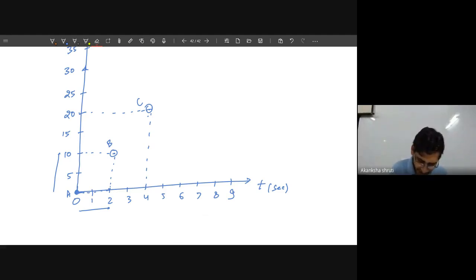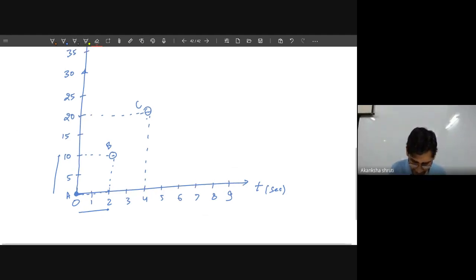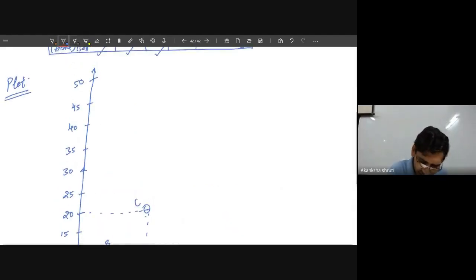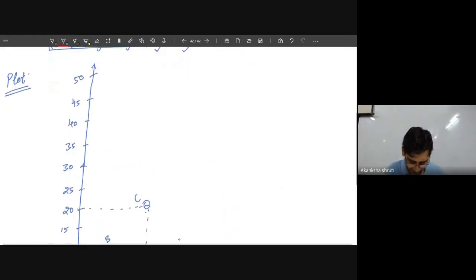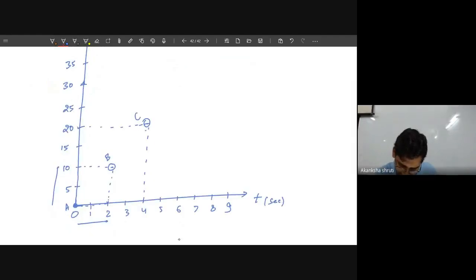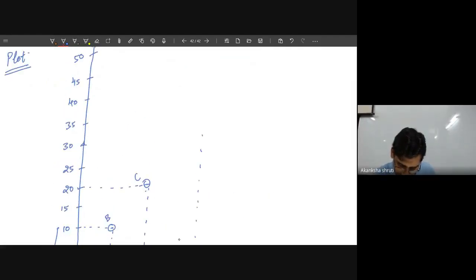So students, in a similar fashion, for 7 seconds it is 45. So you have to come to this 7 and move upward. How long vertically? It should end at 45. So from 45, draw a horizontal line and end it here somewhere. Okay, so this is our D.